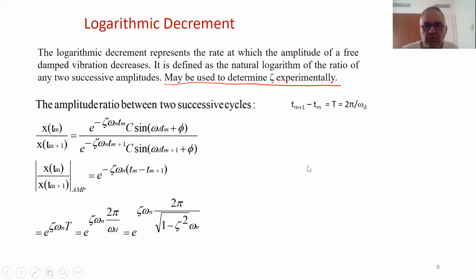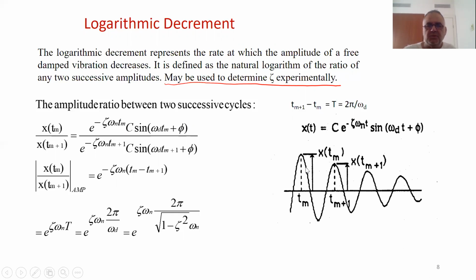How does it work? If you have a damped oscillation, let's call one peak of your oscillation at Tm. The next peak is at Tm plus 1.